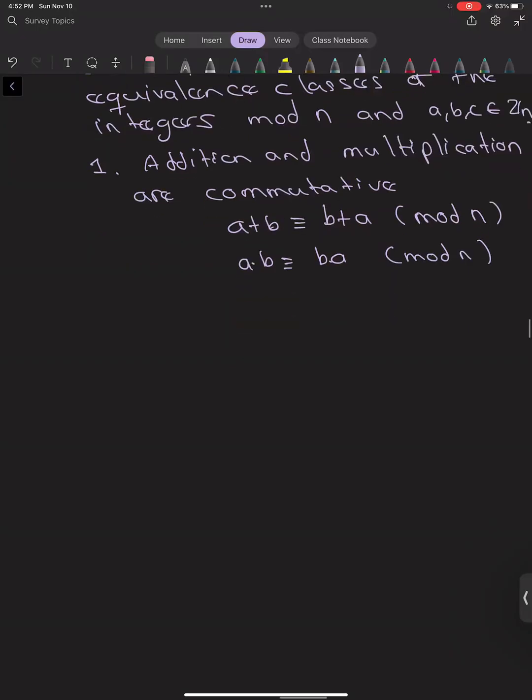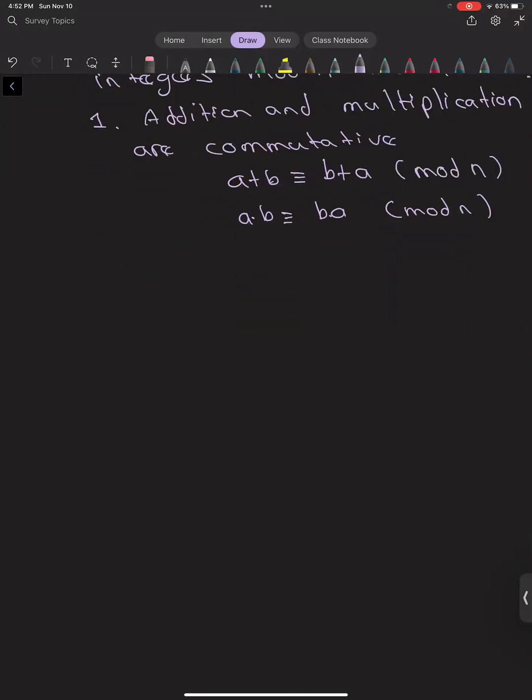Okay. Also, this is easy to prove, right? We will discuss these proofs very fast. Addition and multiplication are associative.